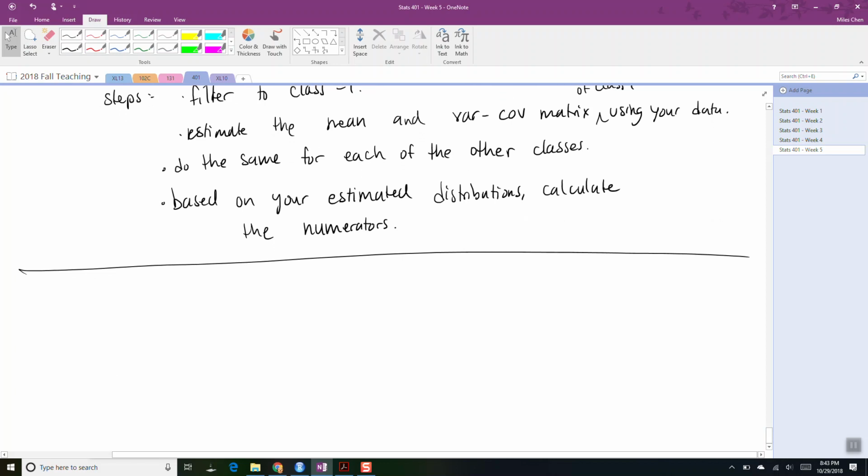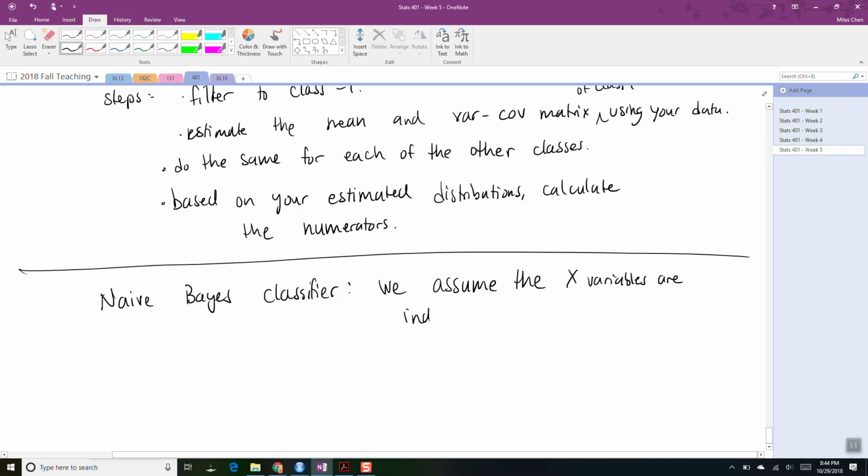This might be a bad assumption. In the naive Bayes classifier, we assume the x variables are independent of each other.